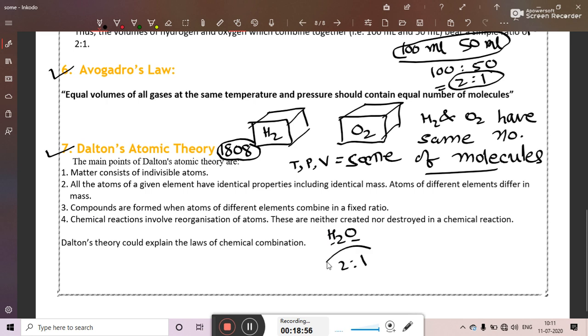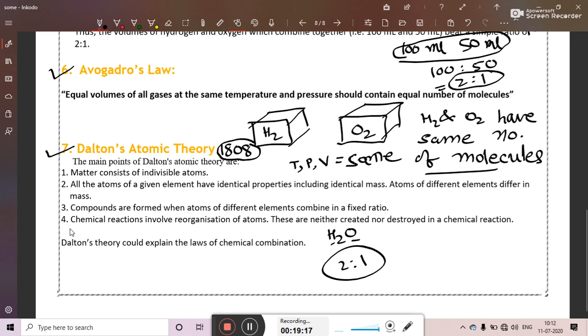Water is a compound made up of two elements, hydrogen and oxygen. So always elements combine in a fixed ratio to form a compound.